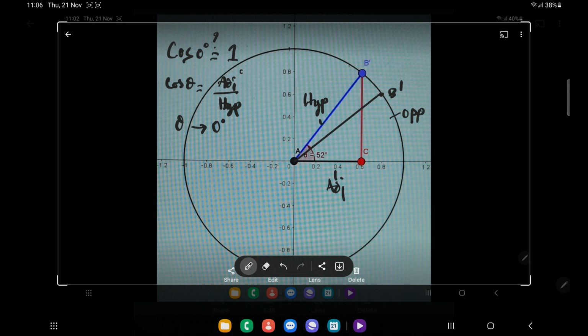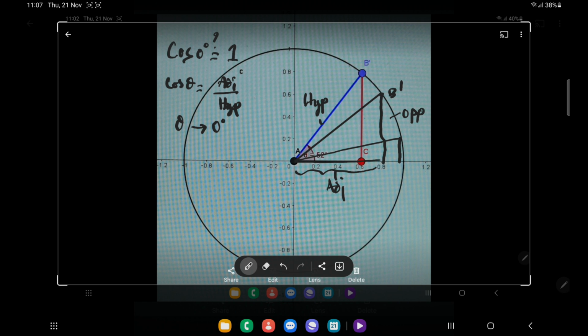So now the opposite side has become smaller and the adjacent side seems to be increasing. Now on further decreasing theta, the adjacent and hypotenuse are becoming closer and closer and the opposite side is becoming 0.